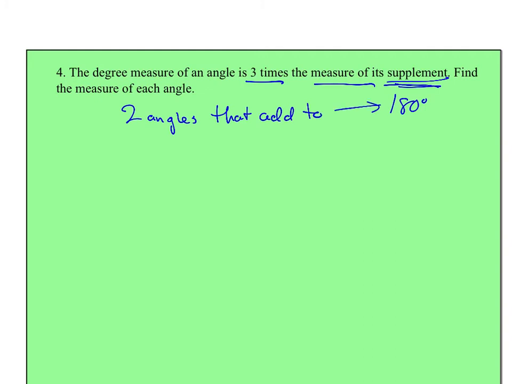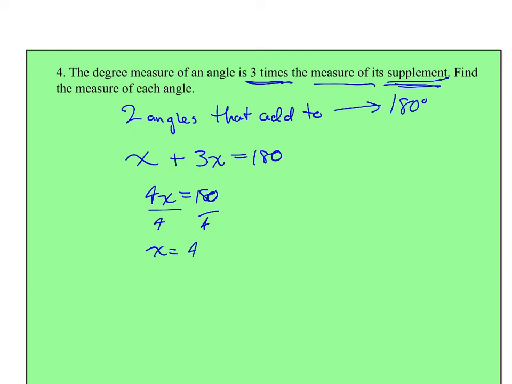What do I know about those two angles? Well, one is going to be 3 times bigger than the other. So if I have x, then the other one's going to be 3x, and together that's going to add up to 180 degrees. So that's 4x, divided by 4.